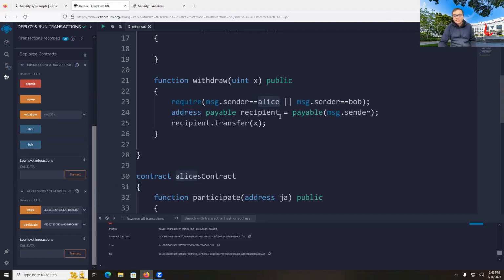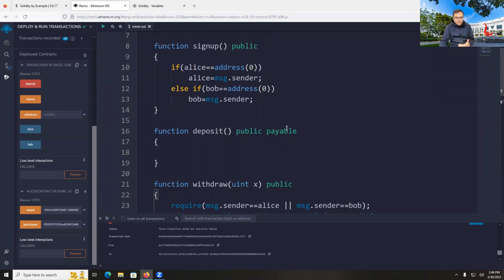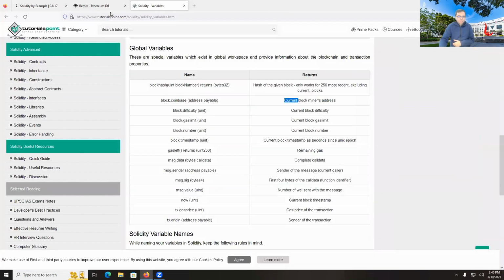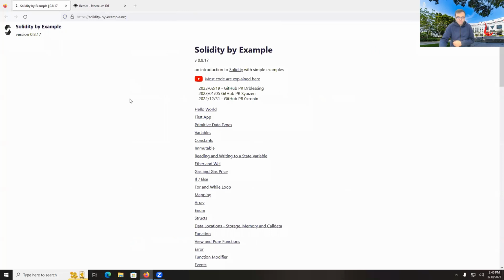So when you transfer money to a contract, you actually always have to call some function of this contract. So that's why, for example, here I had a function called deposit, which would just take deposits, because otherwise I wouldn't be able to send money to this contract. But the default behavior is that you can do it without having a function with a particular name, and you can just call the function receive.